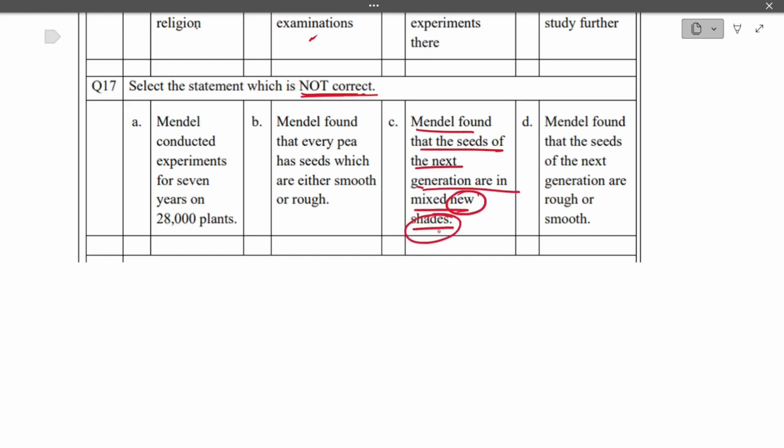He never said that, right? He told that seeds will have only one color, either green or yellow. And at one point he also told that there will be more yellow that we will be able to see in future. So the correct answer is option C. Basically, he never said that there will be mixed shades. Instead, he said the other thing, that there will be no mixed shades. So the correct answer in this case is option number C.